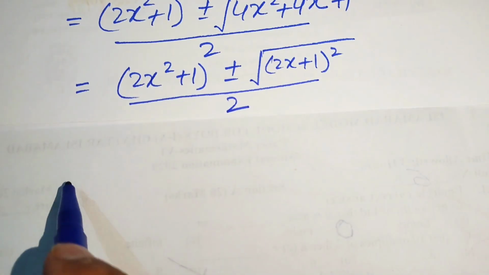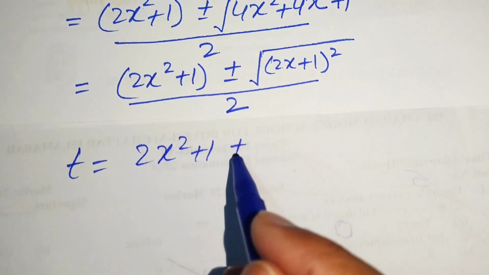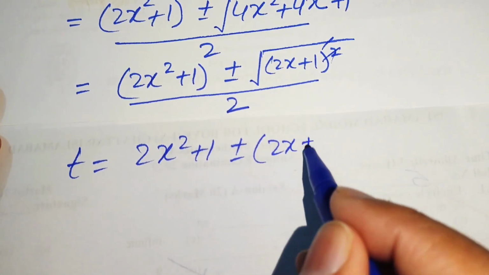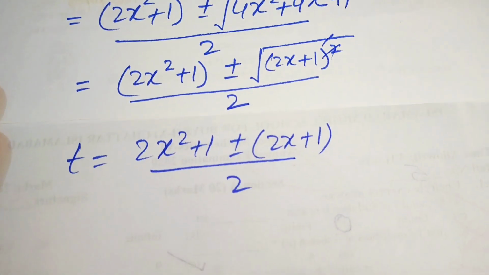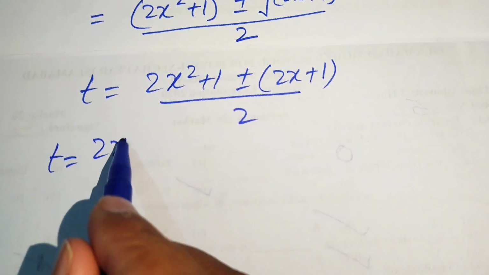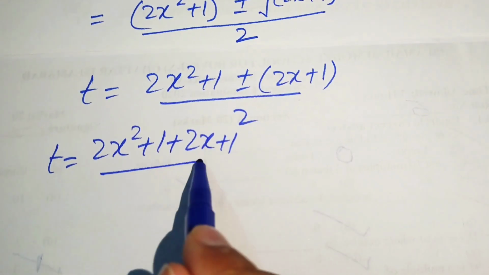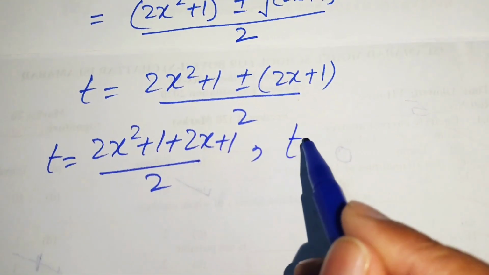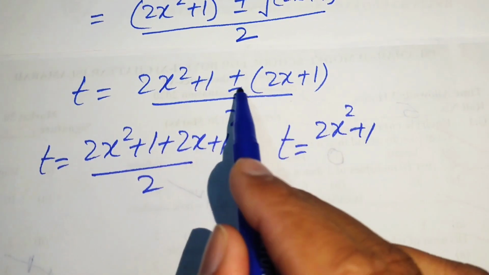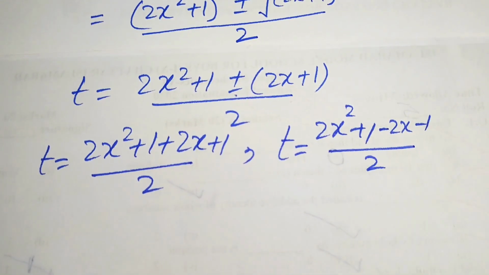And now in the next step you see here we have t = (2x² + 1 ± ...) where the 2 and square root are gone, and we get here (2x + 1) divided by 2. And now here we write two terms. First we write the positive value, it is (2x² + 1 + 2x + 1) divided by 2, and here we write the negative value, it is 2x² + 1, and when we multiply this minus sign on both of these terms, it is written as minus 2x minus 1 divided by 2.